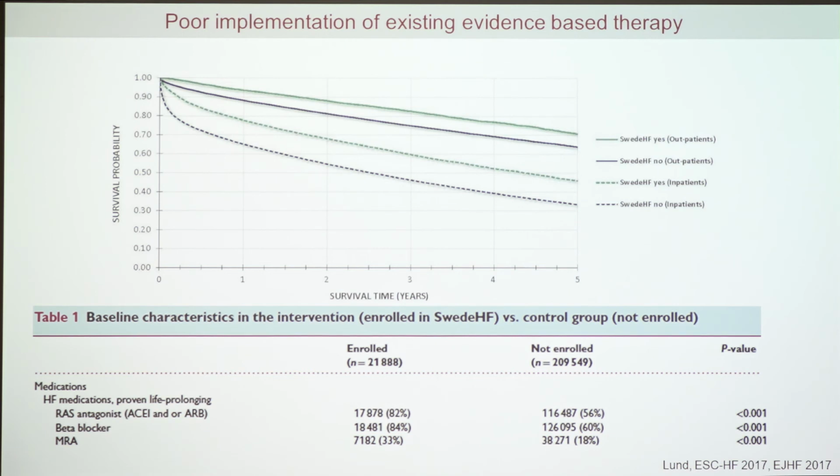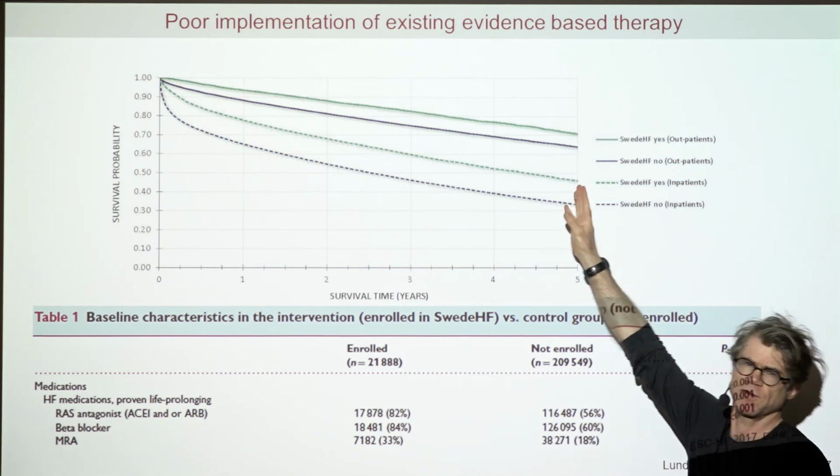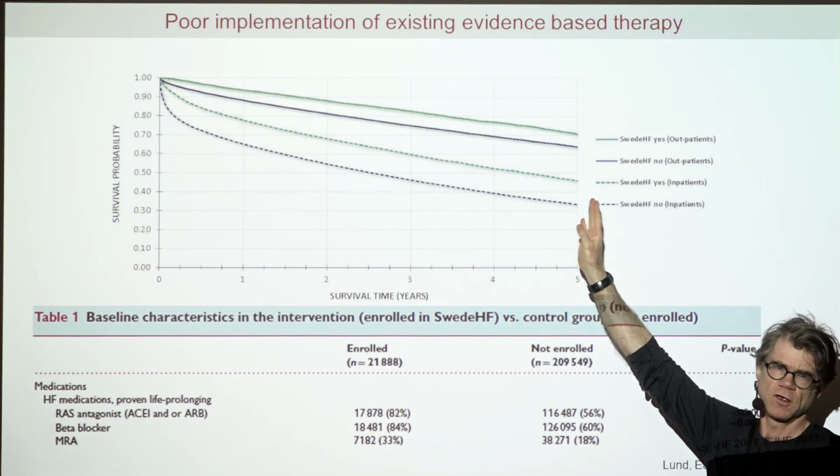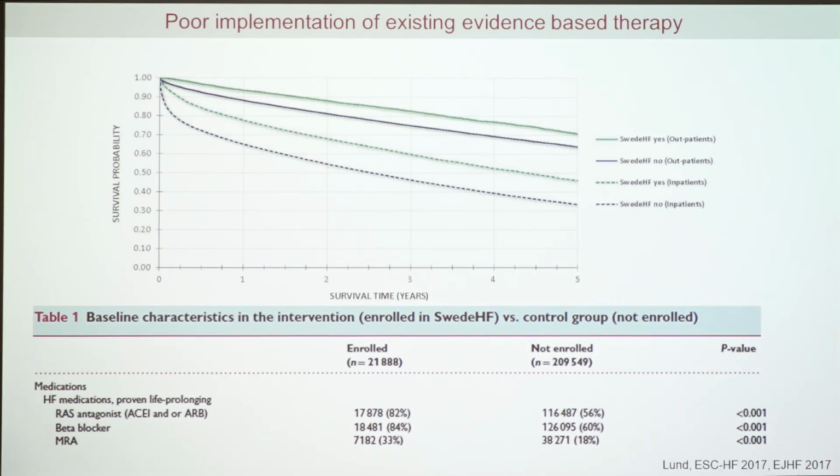But it turns out that there's a small difference in age, and if we adjust for therapy, this difference disappears. So not only do we know that it's better to be in the registry than not, we also know why. If you're in the registry, you get the right therapy. Because if we adjust for therapy, there's no longer any difference. If we took away all therapy, it wouldn't help to be in the registry.